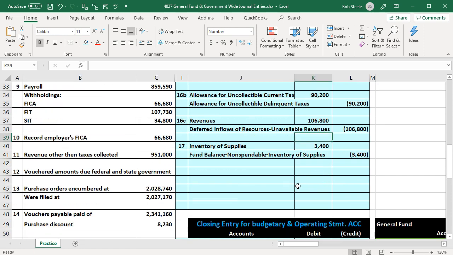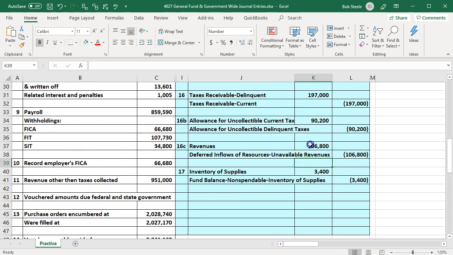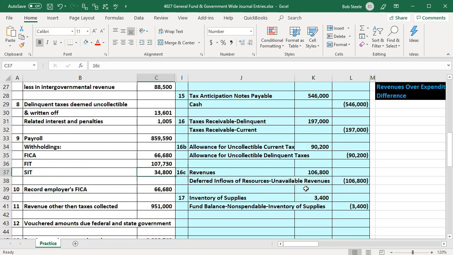Now we're going to go back and make one more adjustment, and rather than making another journal entry, we're going to adjust this number 16C, where we had this item with the deferred inflow of resources. You recall this is us moving from basically an accrual basis to more of a cash basis, but not wanting to reverse the accounts receivable.